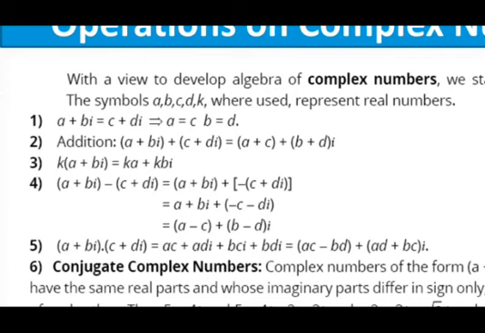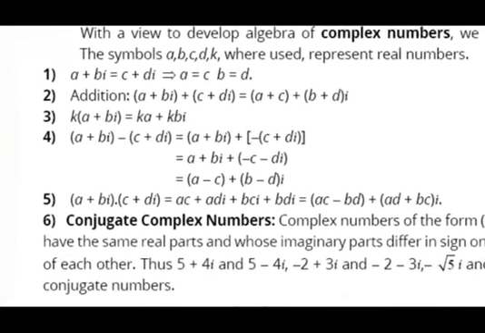Part 2: if we add two complex numbers a plus b iota plus c plus d iota, real part adds to real part and imaginary part adds to imaginary part.